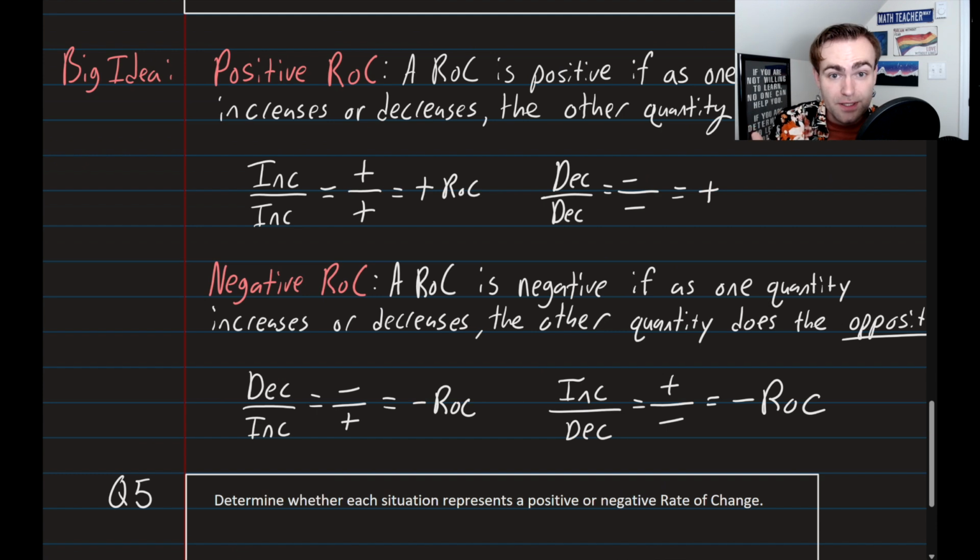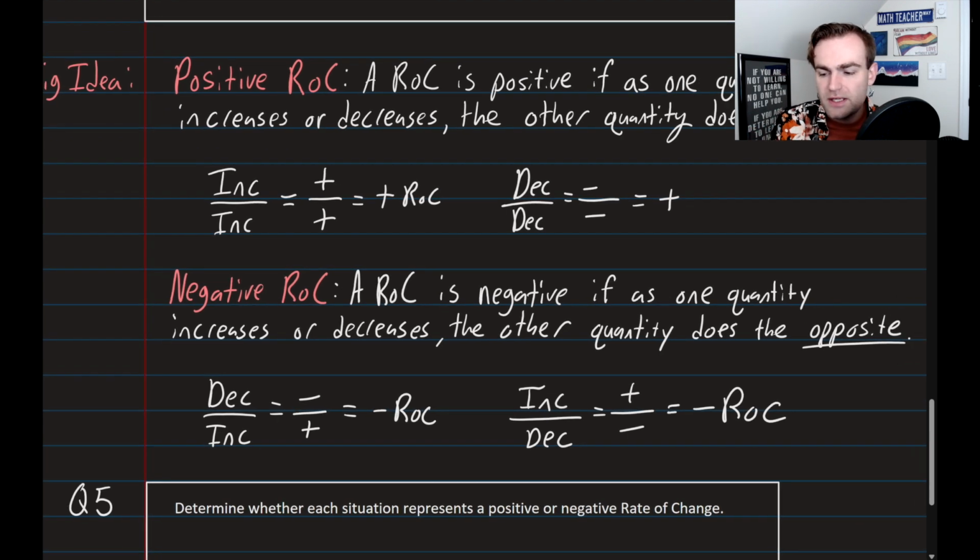So let's reiterate, shall we? A positive rate of change is as one quantity increases or decreases, the other quantity does the exact same thing. So increasing over increasing, which you can think of as a positive over a positive, which reduces to a positive, or decreasing over decreasing, which is the same thing as a negative over a negative, which would reduce to a positive. A negative rate of change is when something decreases, the other increases, or vice versa.